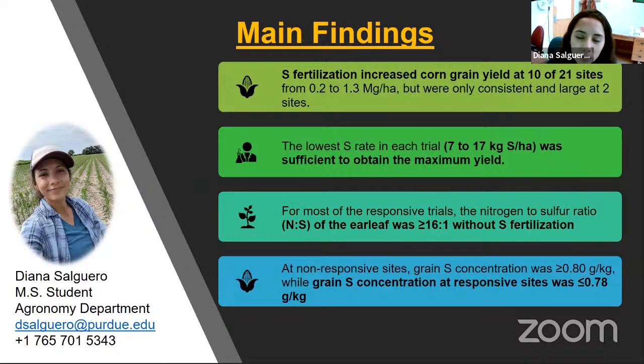So that is something we need to consider when we are doing an experiment. Make sure that the control plot didn't receive sulfur even from previous applications. Otherwise we wouldn't see a response and we would think, oh, corn is not getting any benefit from the treatment we are applying, but it was because sulfur was applied to the control plots before we put our treatment.